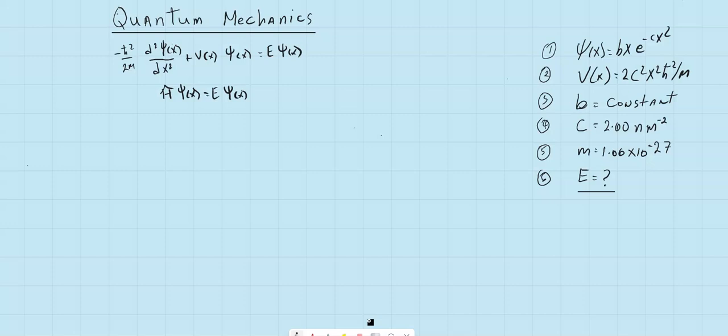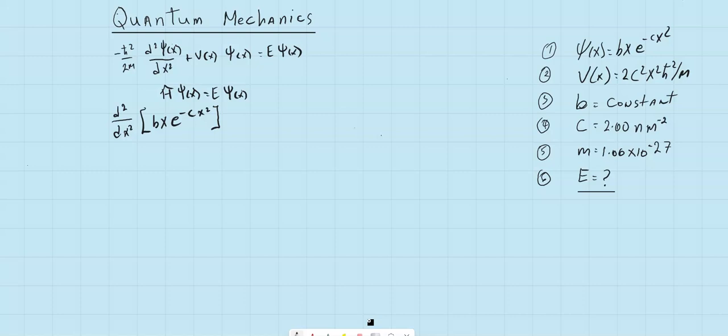So let's go first find the second derivative of the function, okay? And our function, psi of x, is b times x times e to the negative c x squared. Okay, first we need to get the first derivative.